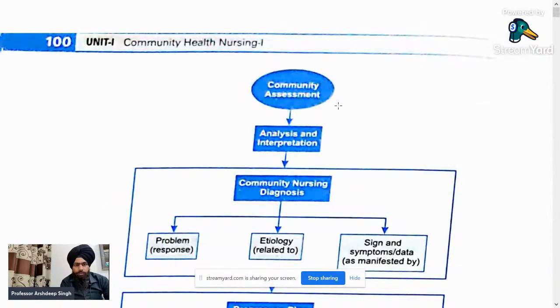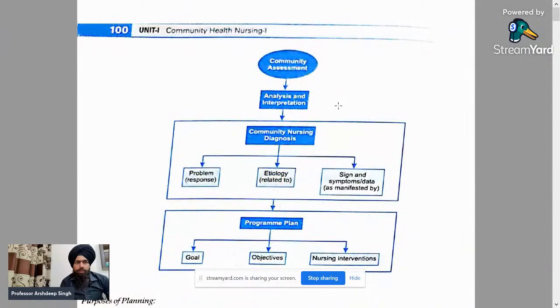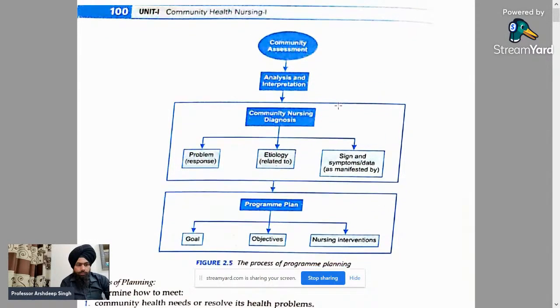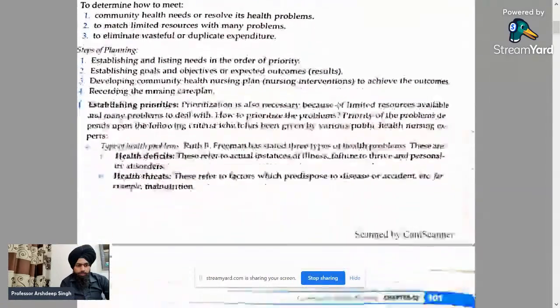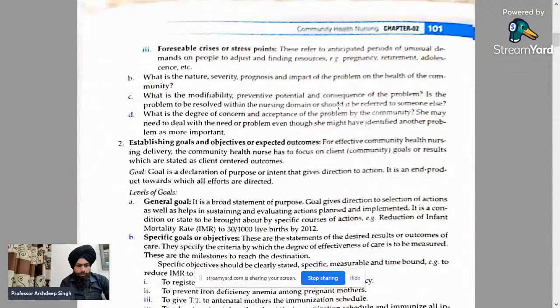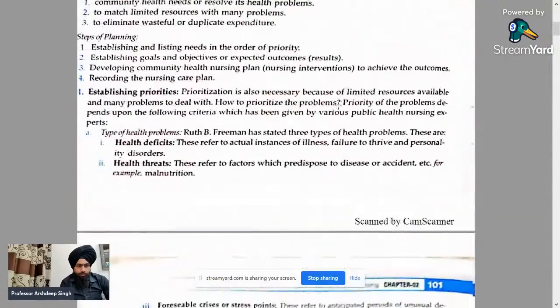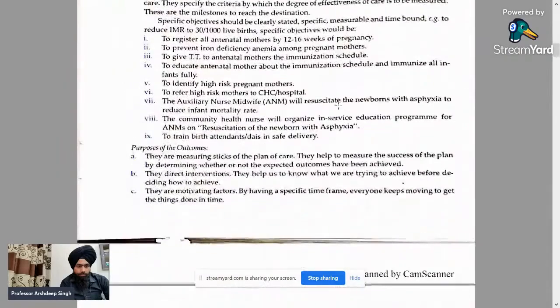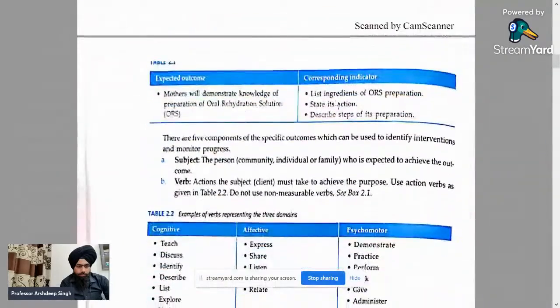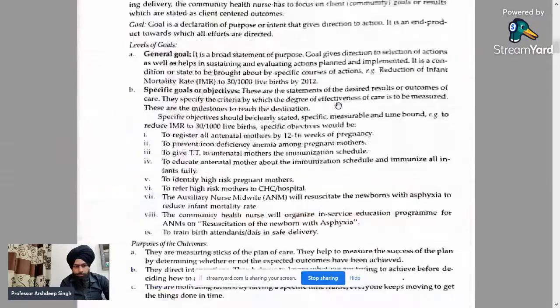I have explained up to the planning process, so I'm continuing with the next part.